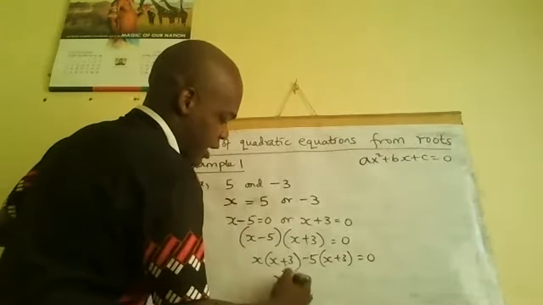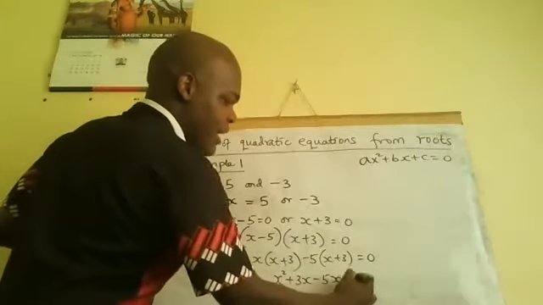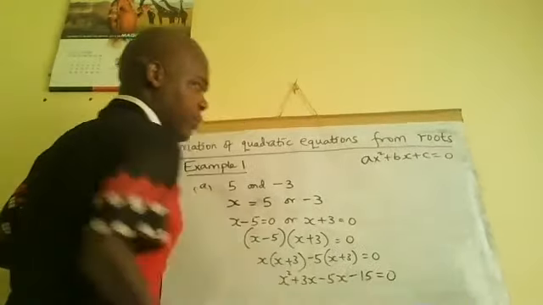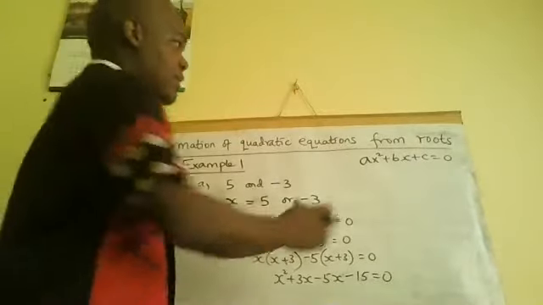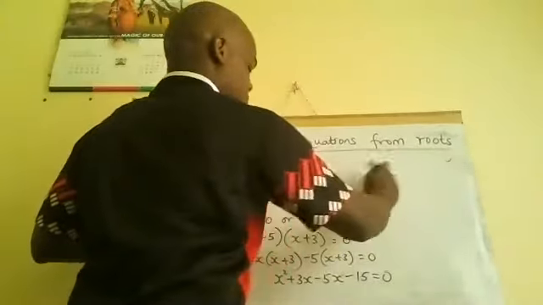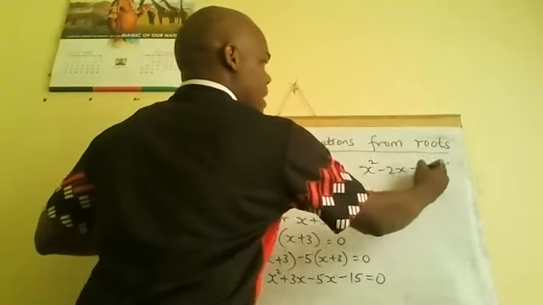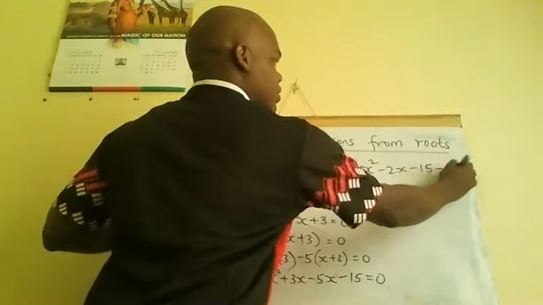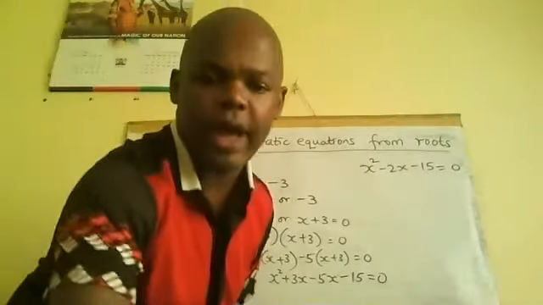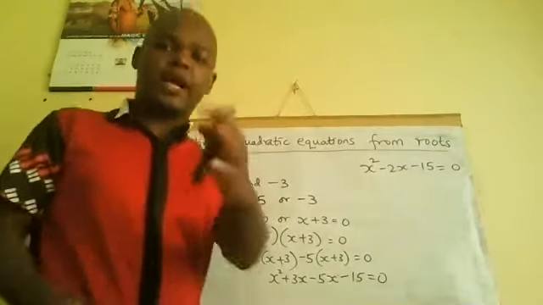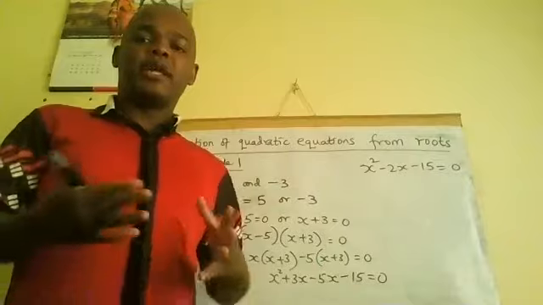So this is x squared plus 3x minus 5x, and minus 15 equals 0. That leads us to x squared minus 2x minus 15 equals 0. So that is the form ax squared plus bx plus c equals 0. We have given our answer in that form.